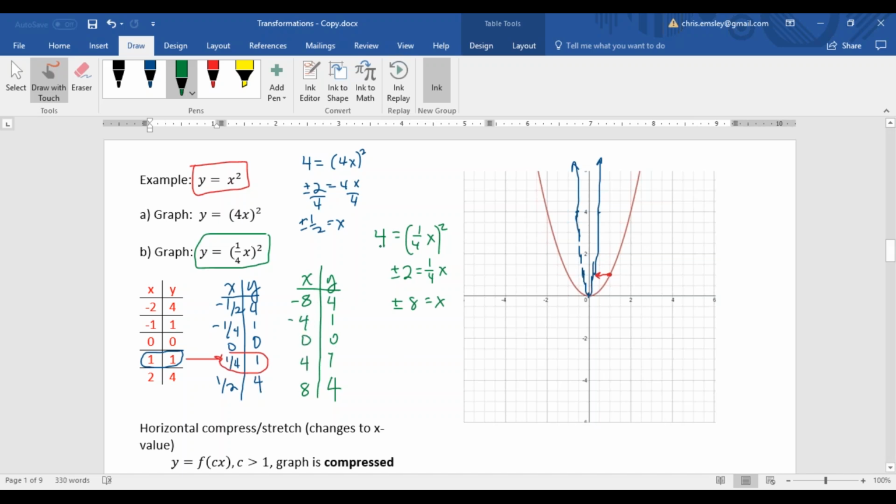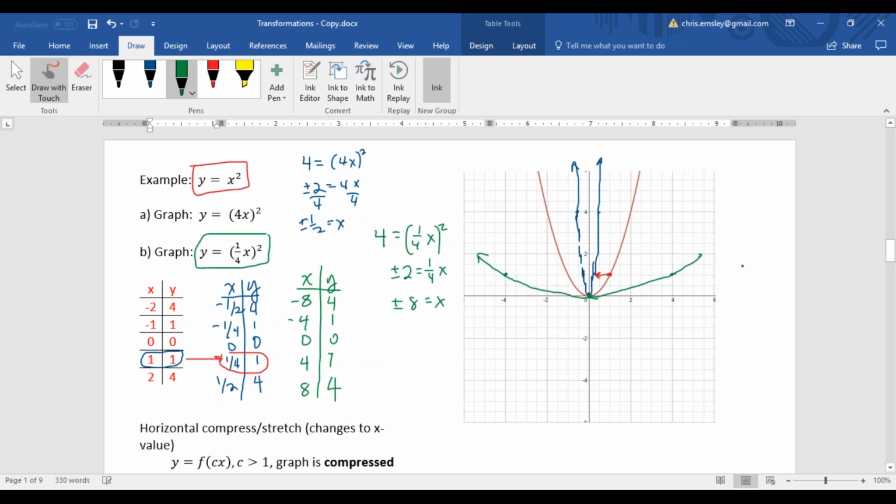So let's graph those points. X equals negative 8. That's going to be off my chart, so I'm going to skip that one. Negative 4, 1, 0, 0, 4, 1. And again, I know this has got to take some kind of a parabola shape. So just sketch it the best you can.